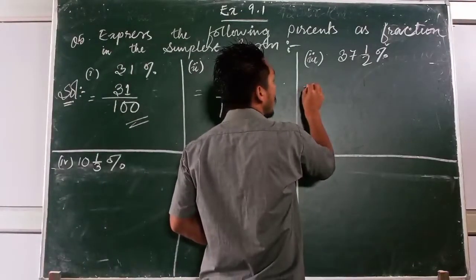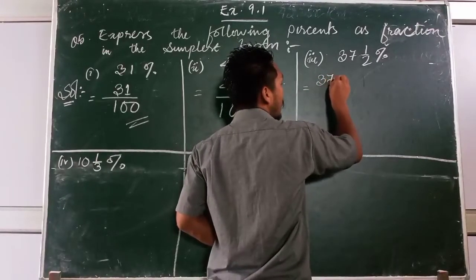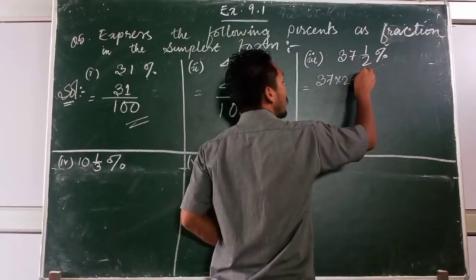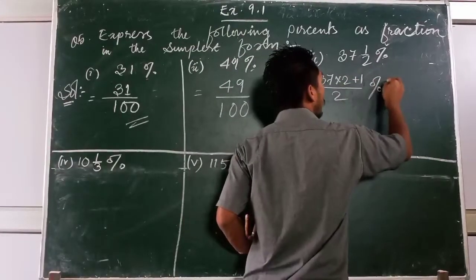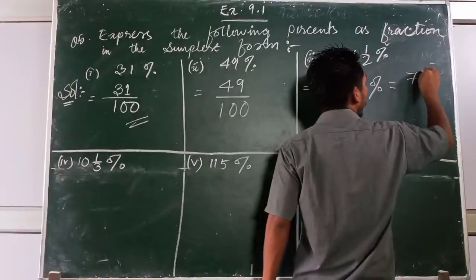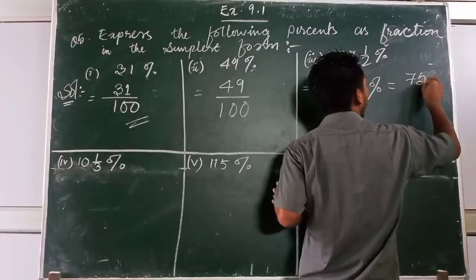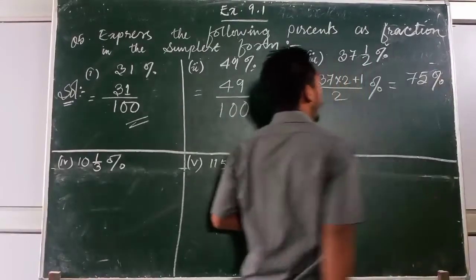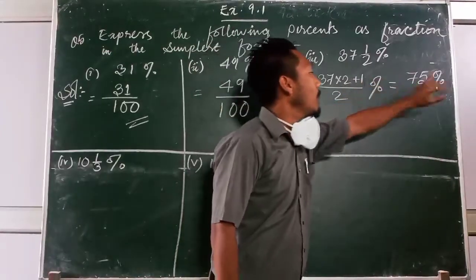Here we see 37 and 1 by 2 percent, so we can write 37 into 2 plus 1, divided by 2 percent. If I convert this, your answer will become 75 by 2 percent. Why? 37 into 2 is 74, 74 plus 1 is 75.